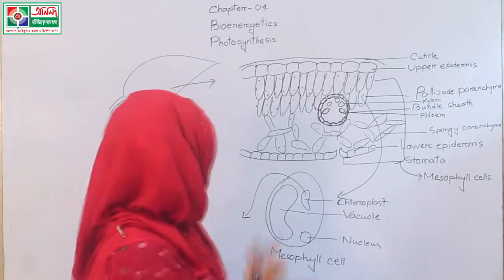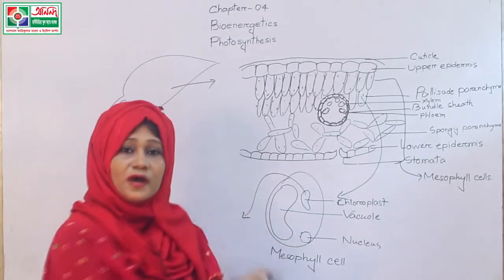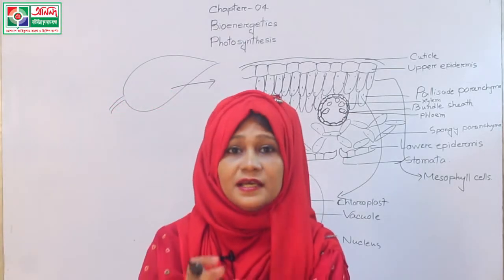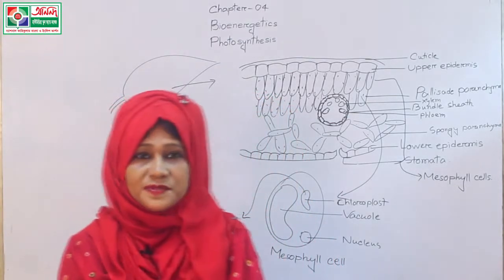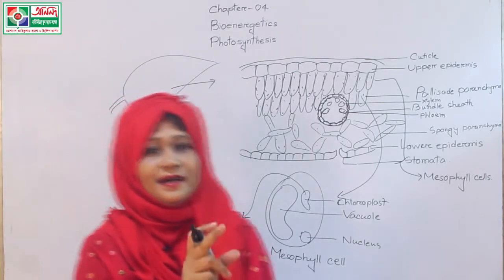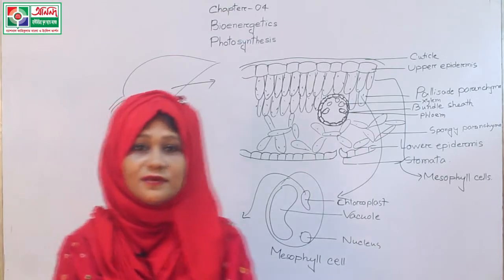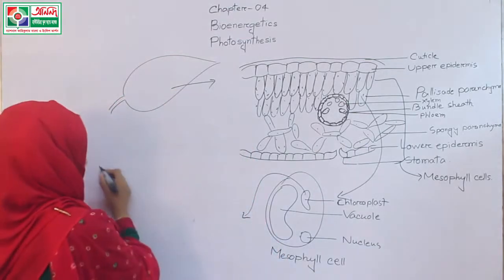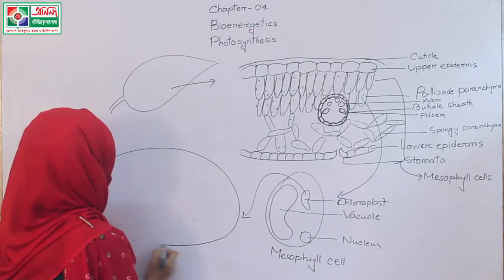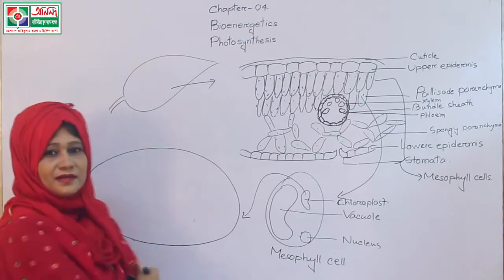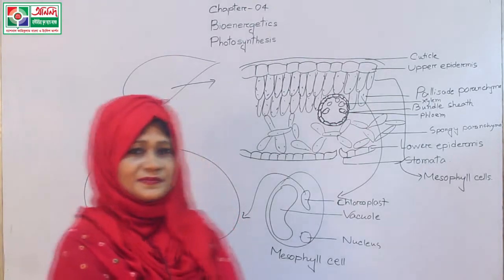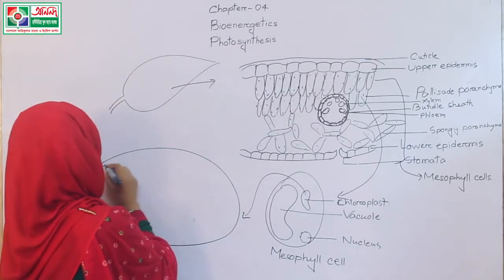If we enlarge the chloroplast, what will we see? That means if we observe the chloroplast under electron microscope, what will we see? An oval structure. Okay, students, this is bilayered.